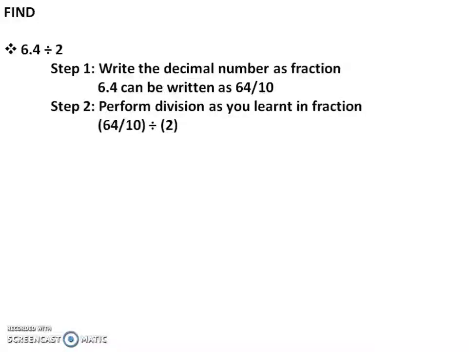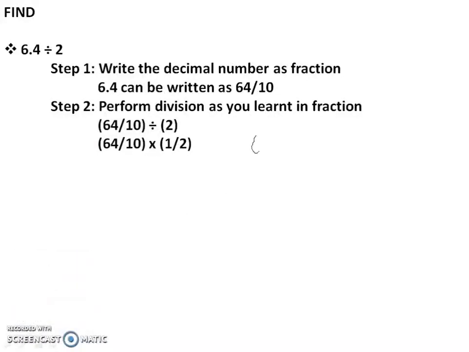Here the second number is 2. So you will multiply 64 by 10 by the reciprocal of 2. What is the reciprocal of 2? It is 1 by 2. So 64 by 10 into 1 by 2.